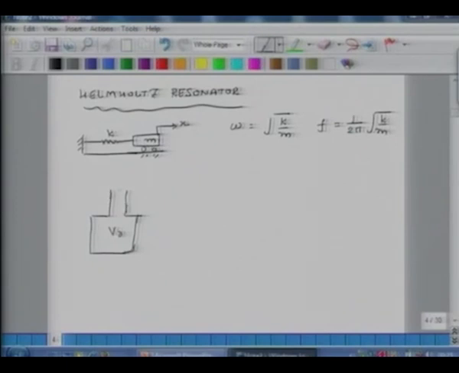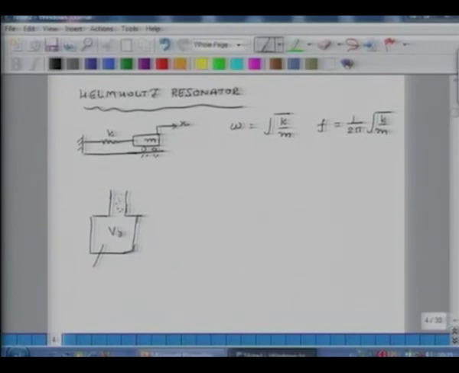In the mobility analogy, this volume we know acts as a spring. And we know that the air in this tube acts as a rigid mass, or an acoustic mass. We talked about it at length. So again, you have a mass and you have a spring here. And this has a tendency to resonate by itself.